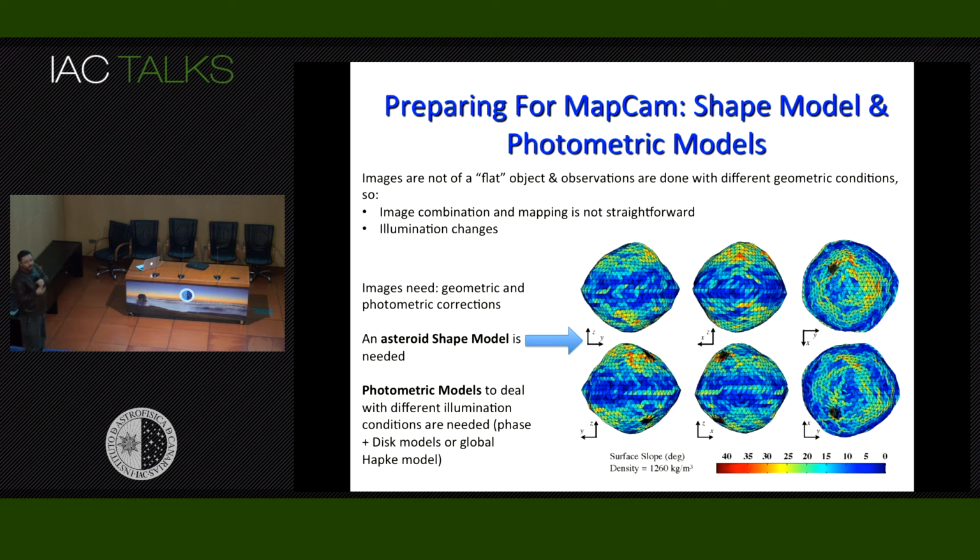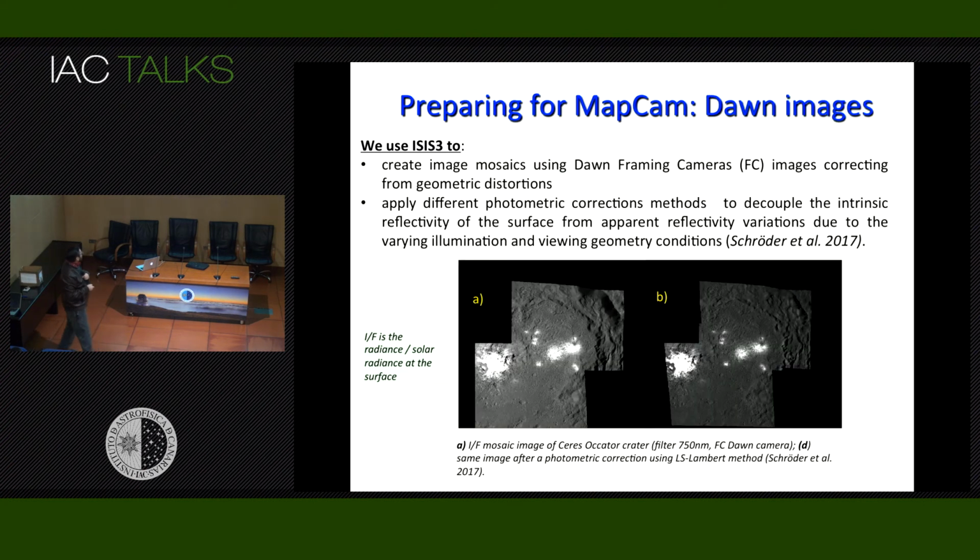So this changes not only the illumination but the geometry, and you need to have this asteroid shape model that is produced combining images and the LiDAR, and produce also a photometric model to properly calibrate the images. You observe maybe from an inclination, and then you need to map the asteroid and combine images.